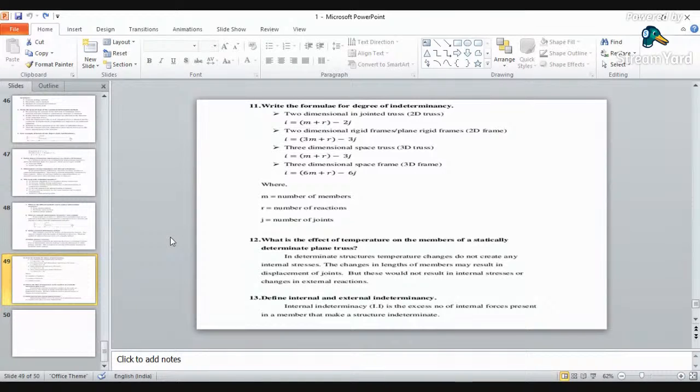For a beam element, the internal indeterminacy will be 0. The indeterminacy in the case of a beam is found only on the basis of external indeterminacy, that is, your unknown reactions minus the equilibrium conditions. So you will directly get your DS, that is, the degree of indeterminacy.